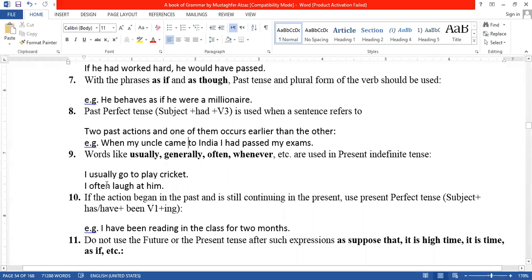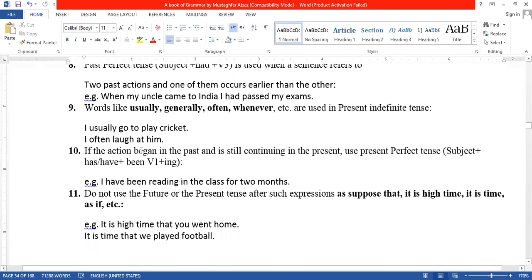Once again, this indicator often implies that this is what you are. This is your nature, your habit. Because you often laugh at him, that is why you use present indefinite. All right. Present indefinite is always used along with such indicators. Not only these indicators, but such indicators, right? Okay.